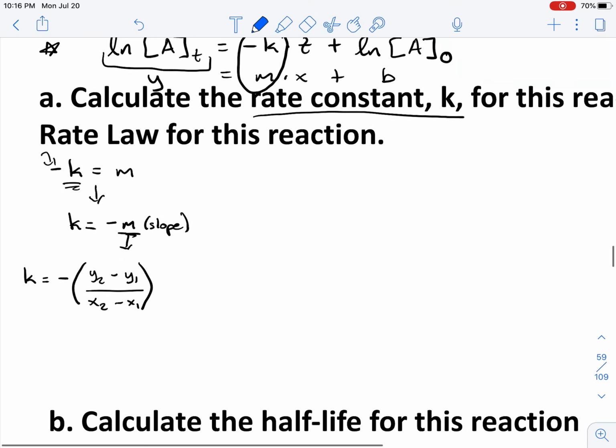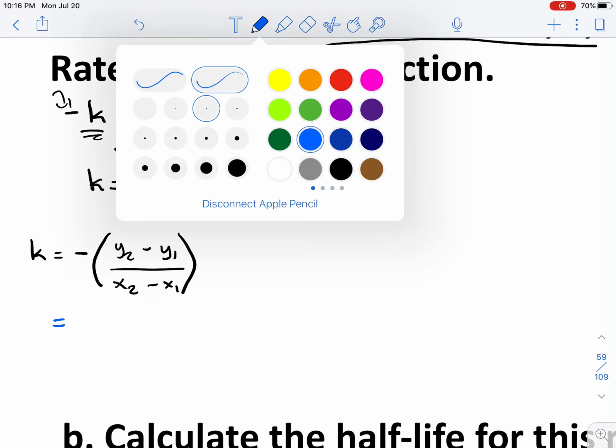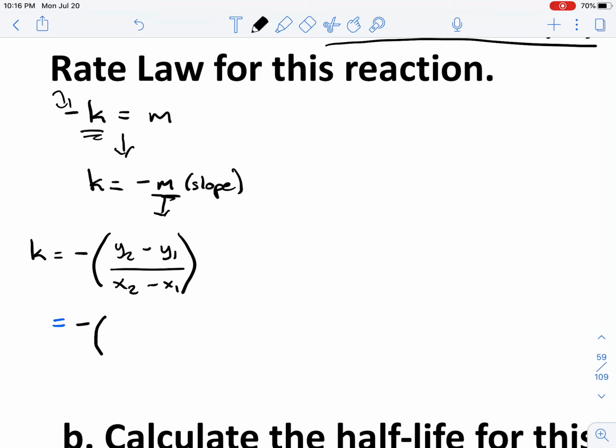All right, so looking at our y2 value, the value for y2 is going to be negative 5.799 or 5.800 minus the y1, which was negative 4.80.